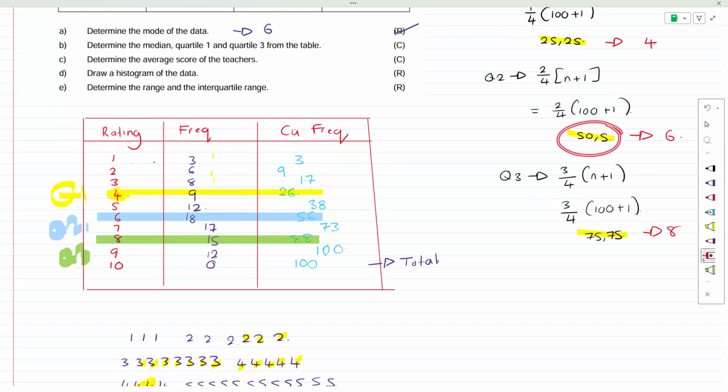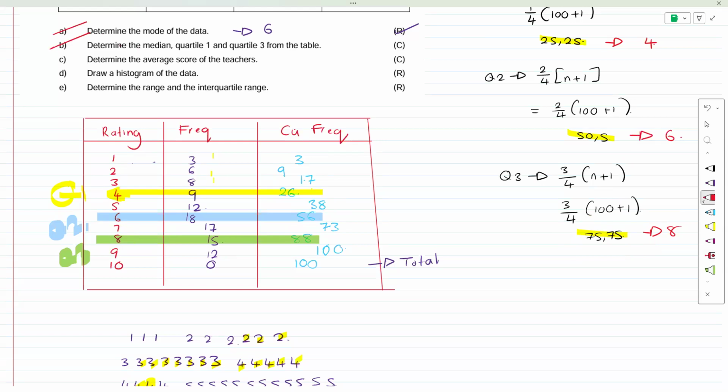If we look at 50.5, it is too big for here, too big for there, too big for there, but 50.5 can fit here. So that's why we took quartile 2 there. 75.75 is too big for there, but can fit there. And that's why we took this. So all of this just takes practice. It's not too difficult, but it does take some practice.